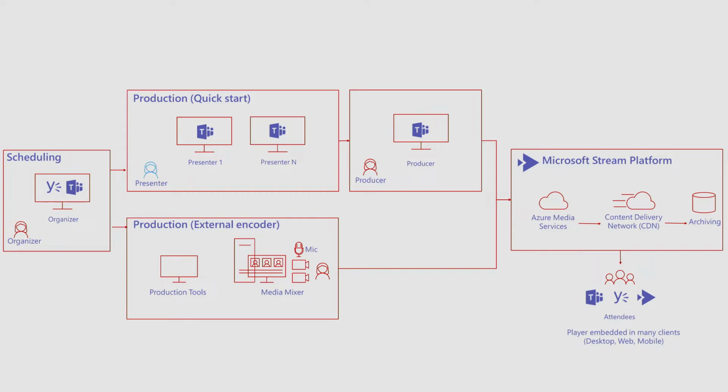This is new with Teams live events, which means that you can bring your professional equipment with your professional encoder, bring your own vignettes, bring your own ways to edit the meetings, and have that streamed through the service as well. Everything is processed and streamed via Azure Media Services and using a Content Delivery Network within Azure. And you consume it via Teams, via Yammer, or Stream.